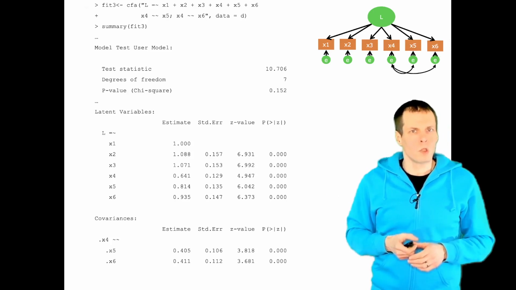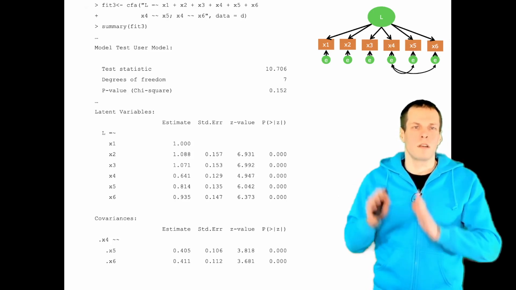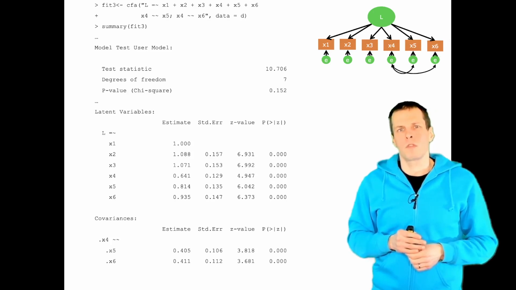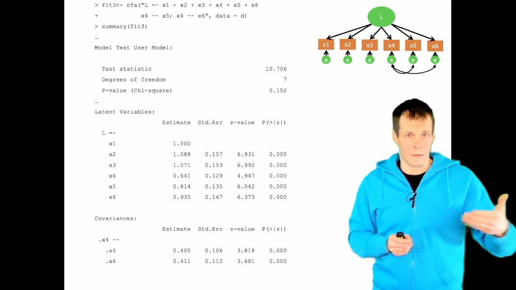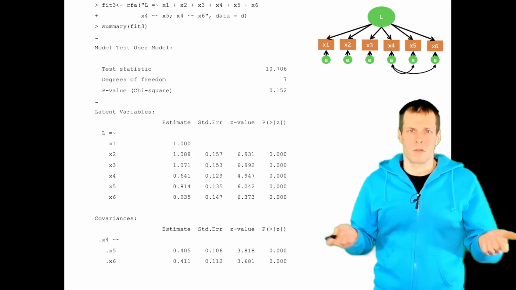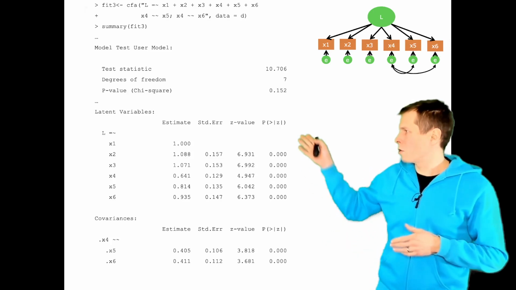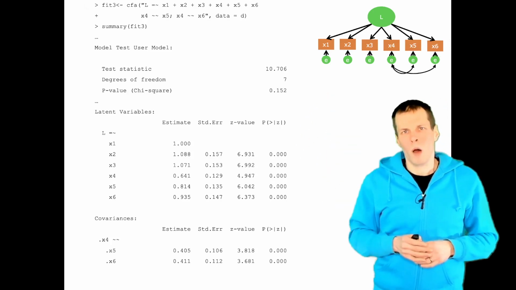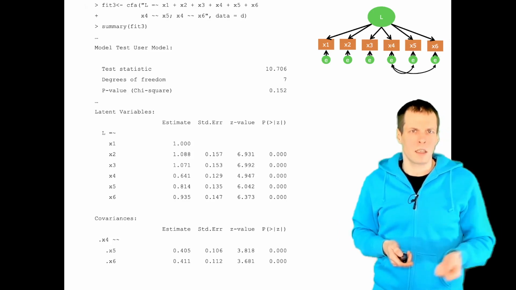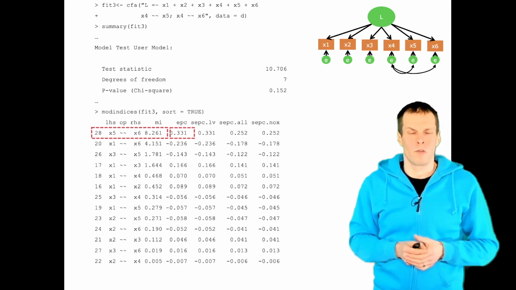But a non-significant chi-square does not guarantee that the model is correctly specified, because it could just be a false negative. So we fail to reject the null because our sample size is small. So 200 is not ideal for power. So maybe this is a false negative, and then we need to look at the modification indices.